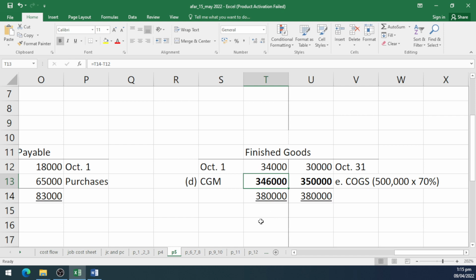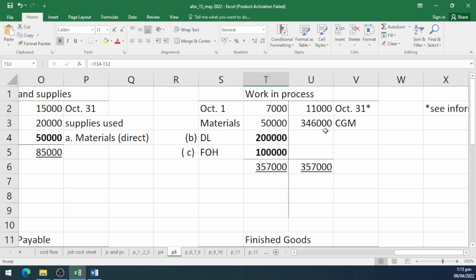Yang 346,000 na cost of goods manufactured, debit to finished goods. May kapartner yan na credit sa work in process. Ito, 346. Kaya kung 346,000 yung credit sa work in process, plus ending na 11,000, pinag-add nyo yan, actually, total cost of goods placed in process, ang makukompute nyo dyan eh.